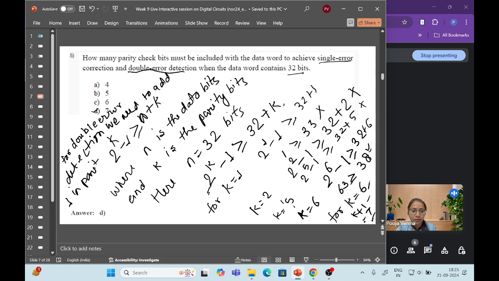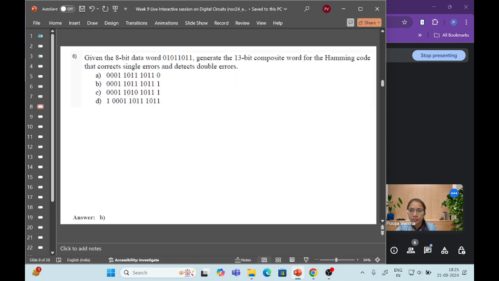So moving to the next question. Okay. So next question is also from Hamming code only. So here, given the 8-bit data word, that is 0101 1011, generate the 13-bit composite word for the Hamming code that corrects single error and detects double error.